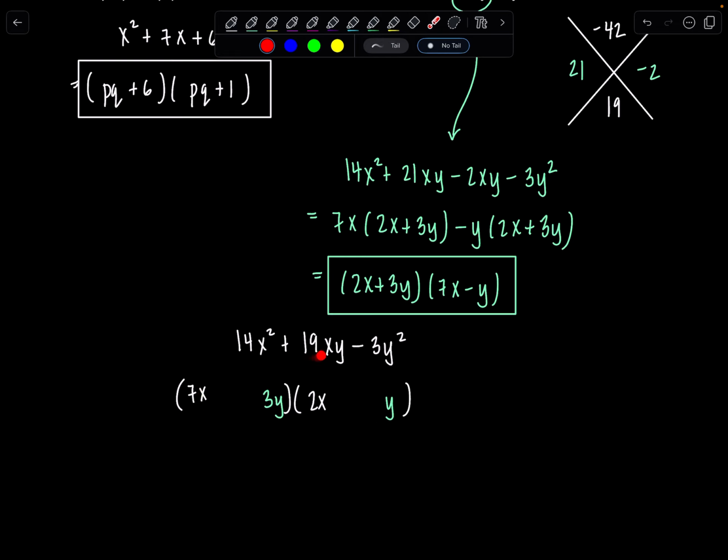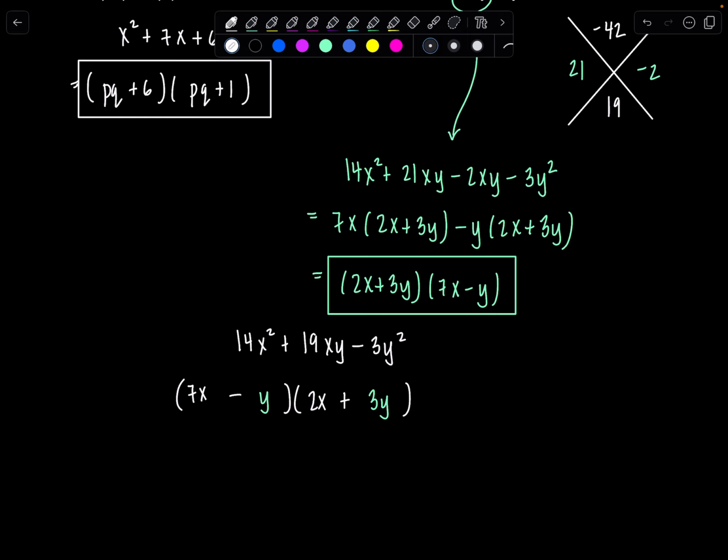Can 7 and 6 give you 19? No. So then you swap them. And we know this one works. This is 21 and 2. Boom. And then if you want it to be positive 19, you need the 21 to be positive. So you can still do guess and check, trial and error, whatever you want to call it, pretty consistently.